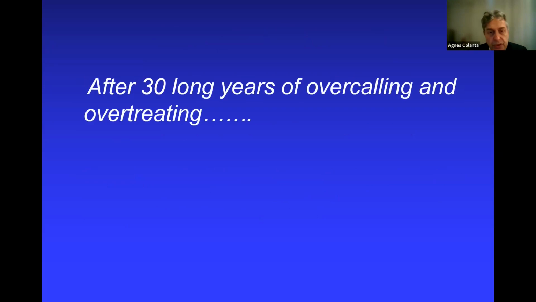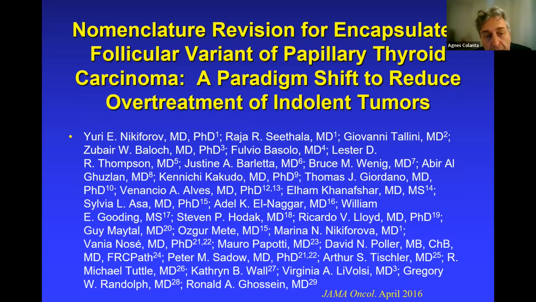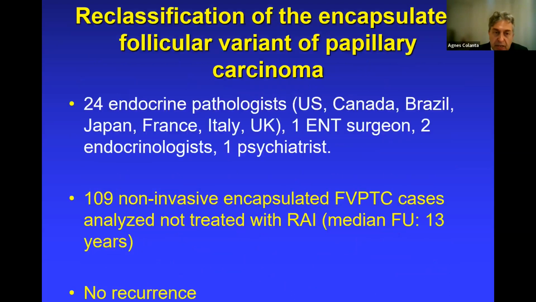After 30 long years of over-calling and over-treating, things finally came to an end with a study done by a large number of pathologists, which I'm sure most of you, if you work in thyroid, are aware of, in JAMA Oncology in April 2016, related to the nomenclature revision for encapsulated follicular variant of papillary thyroid carcinoma.